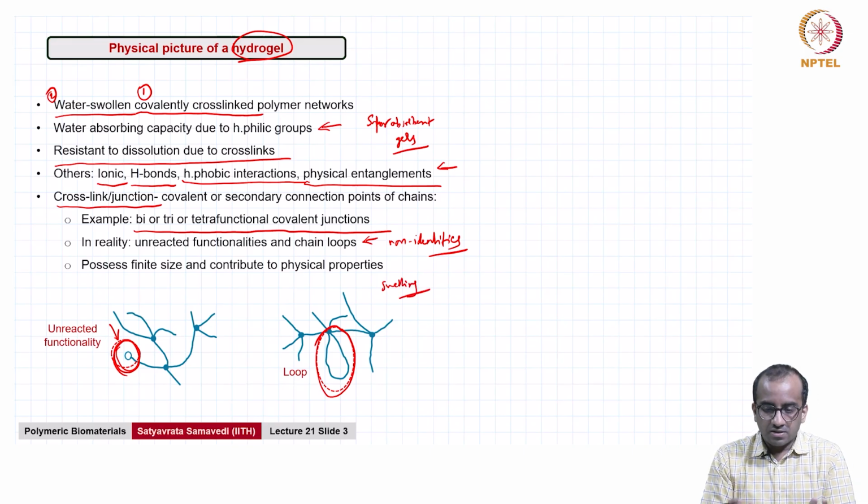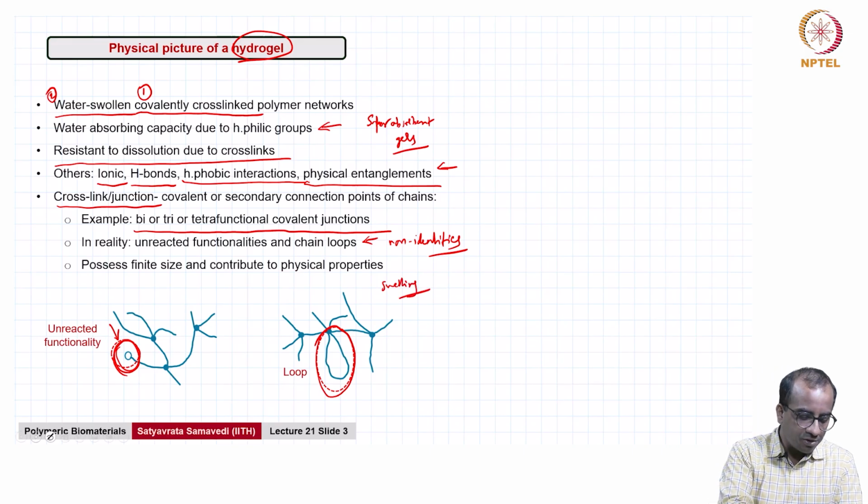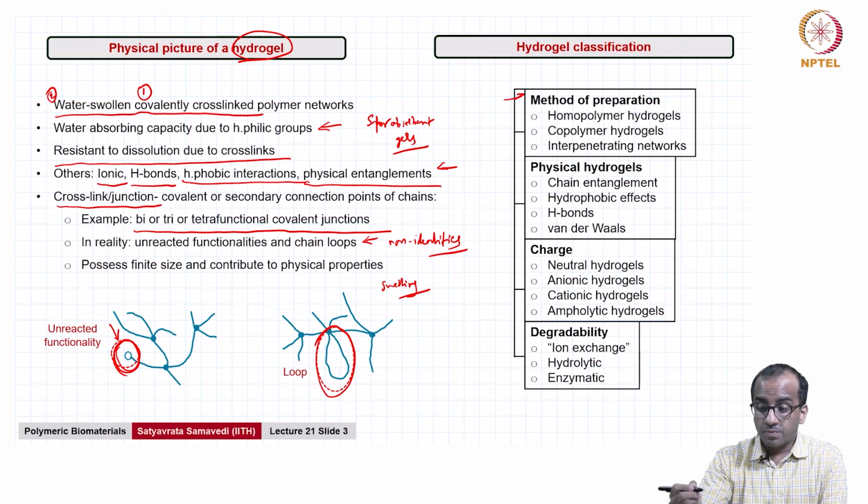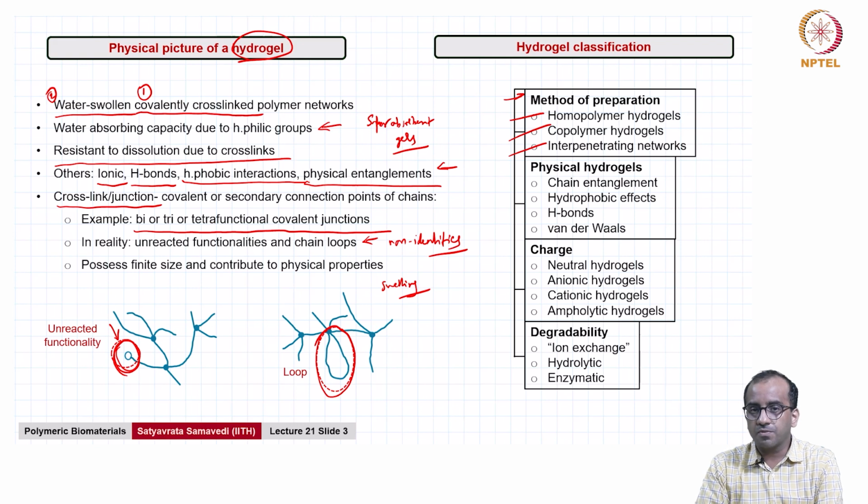So, with that stage being set, we are now in a good position to look at some classifications of hydrogels based on different categories. If you think of the method of preparation, for example, you can have homopolymer or copolymer or interpenetrating networks. Now, homopolymer, as the name should indicate, consists of a single monomeric unit that is now cross-linked.